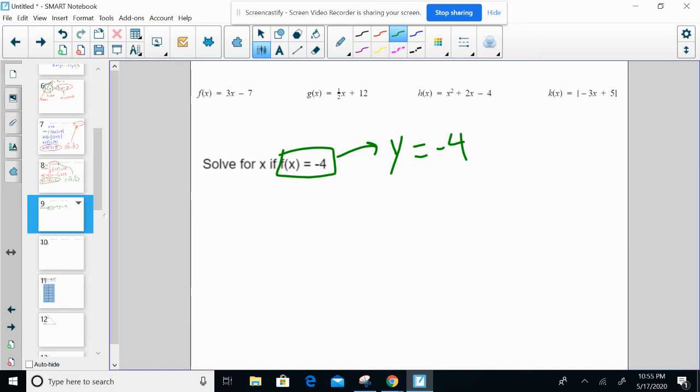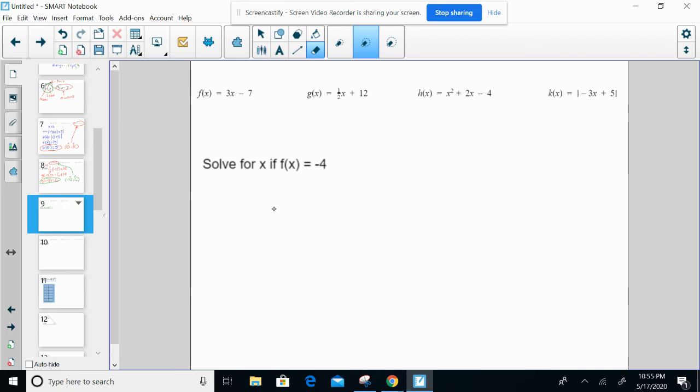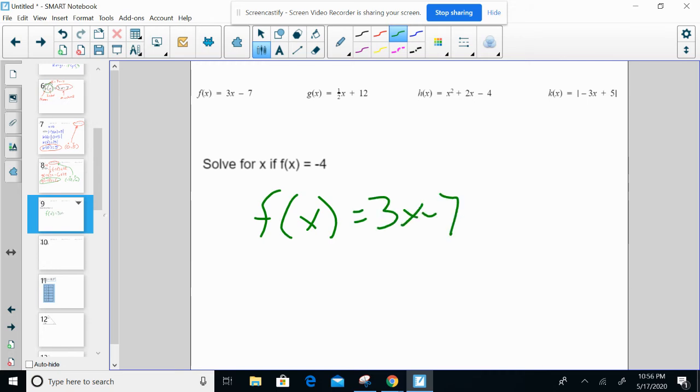The other thing to think about is first off, it says f of x, so that means you're going to use the f of x, right? So f of x equals 3x minus 7. F of x equals negative 4, so that means that we're going to replace f of x with negative 4, and you're going to solve for x.